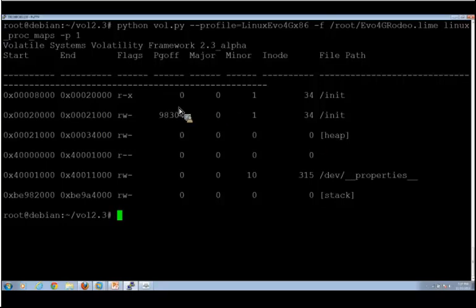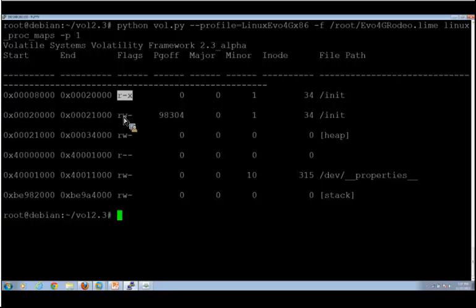So now we want to show the complementary plugin to this, which is dumping maps to disk. Say this is for malware, if we wanted to reverse it, or if we wanted to dump the heap to see what kind of data the application was using, we can use this dump maps plugin. To get the actual init binary out of memory, we want the mapping that's readable and executable. That's going to be the binary.